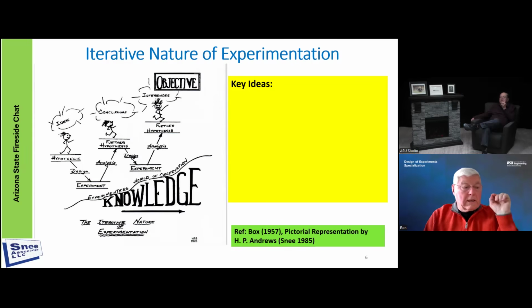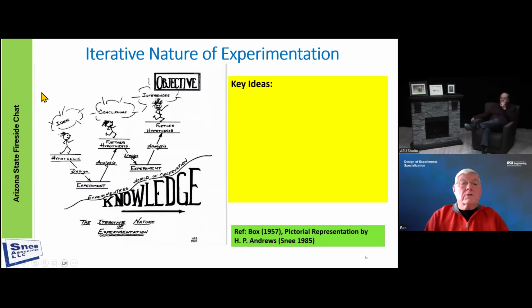You look at that, and you see we're iterating between the experimenter's world of observation, and we're doing that by creating hypotheses, designing experiments, conducting the experiments, and doing the analysis that generates future hypotheses and more designs and more experiments and so forth.